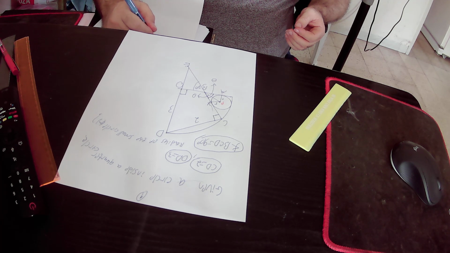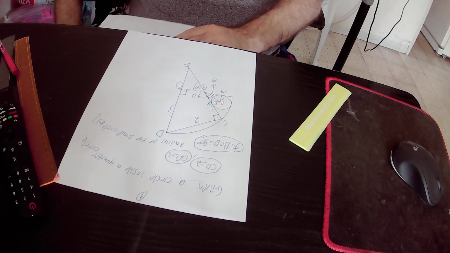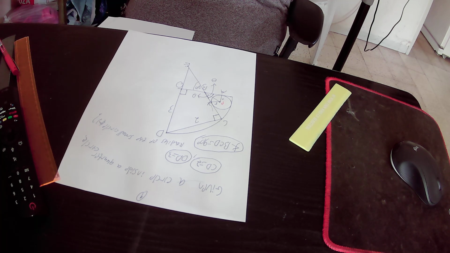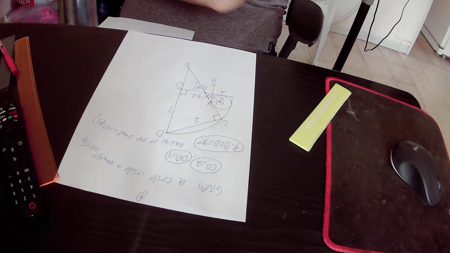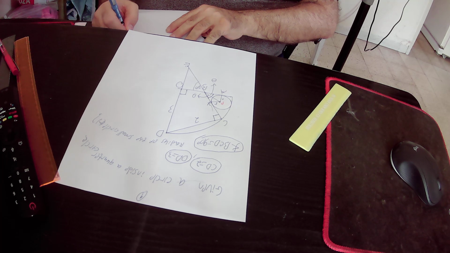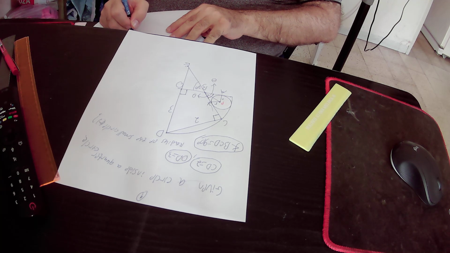I write it down: the sum of the angles on a straight line is equal to 180 degrees.